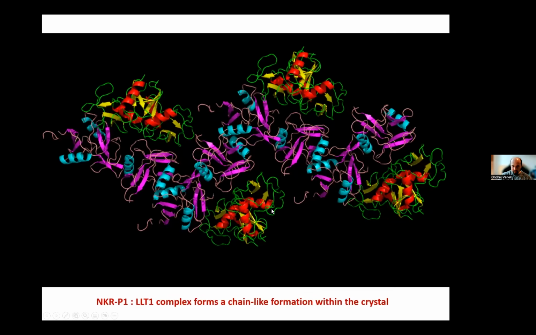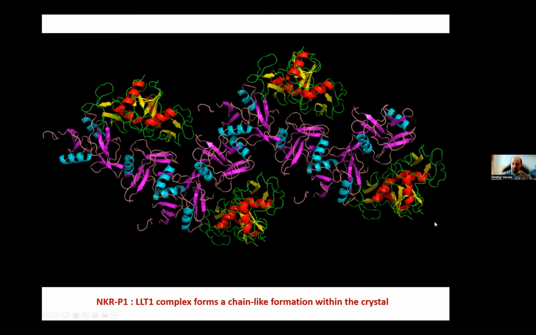And when we looked in the crystal at how the molecules are arranged next to each other, we saw this chain-like formation. In this figure, NKRP1 molecules are in magenta and cyan, and green, red, yellow is LLT1, and basically two dimers of NKRP1 are bridged by one dimer of LLT1, and so on and so forth.